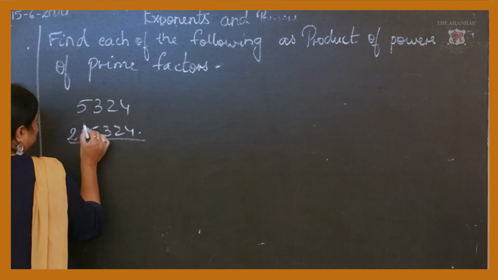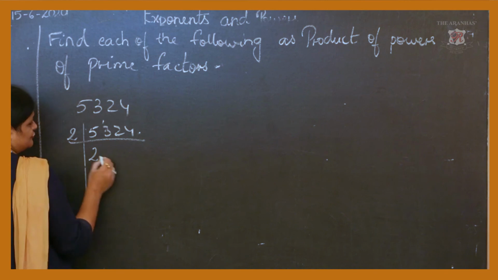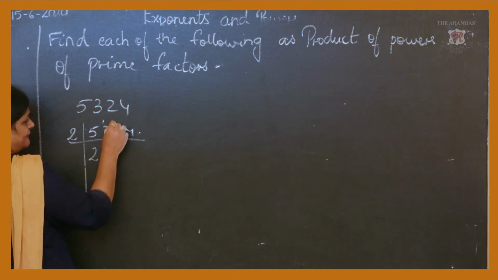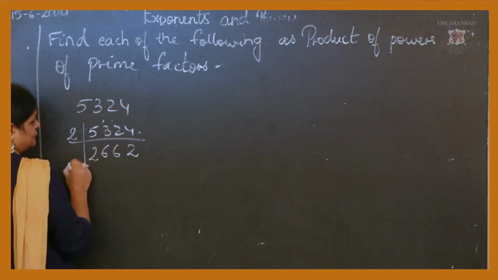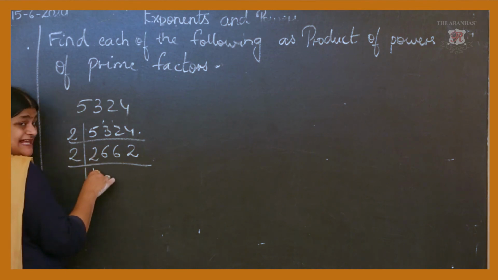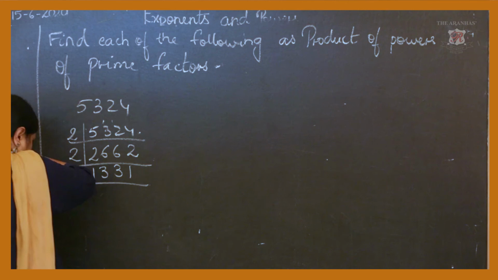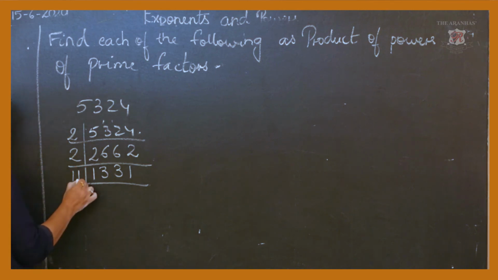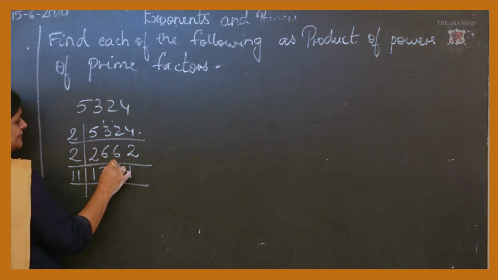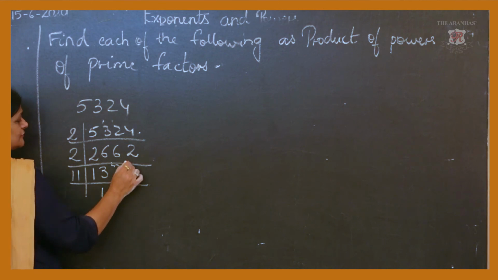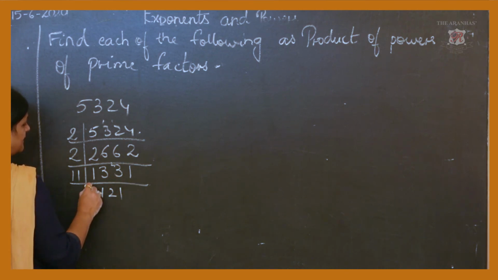So it will be 2 2s are 4, 2 6s are 12, 2 6s are 12. Okay, next 11, 11 1s are 11, 11 2s are 22, and 11 1s are 11.